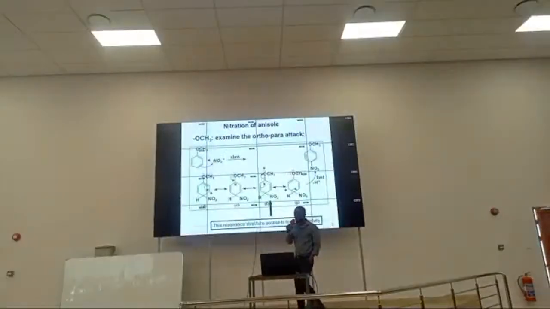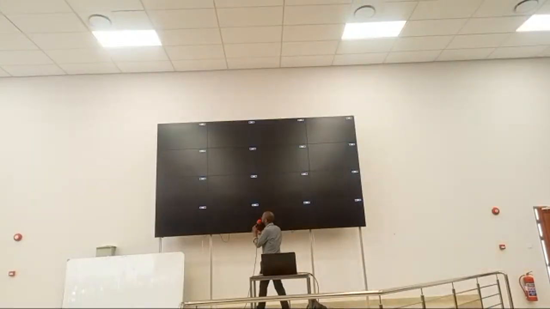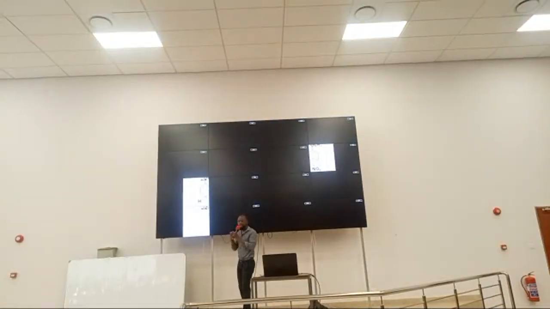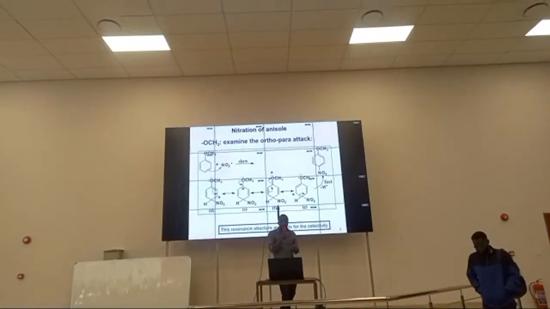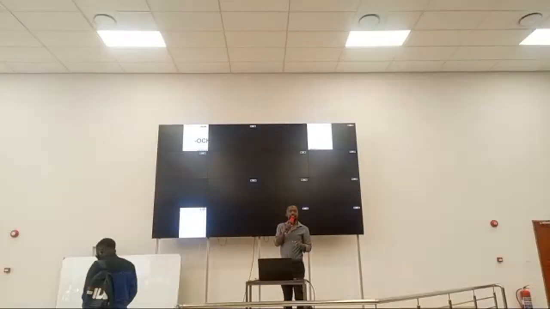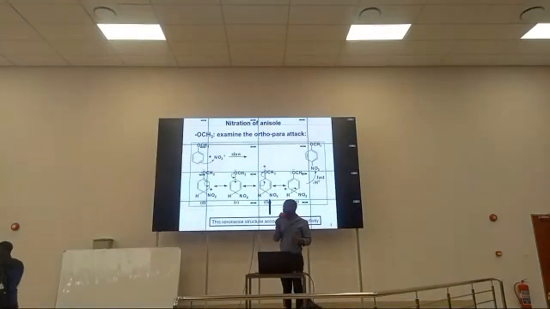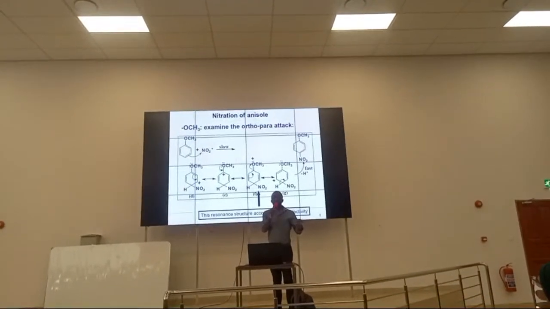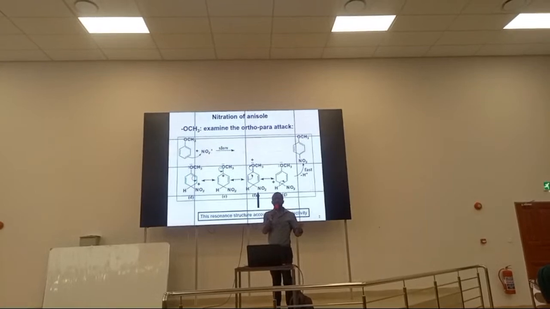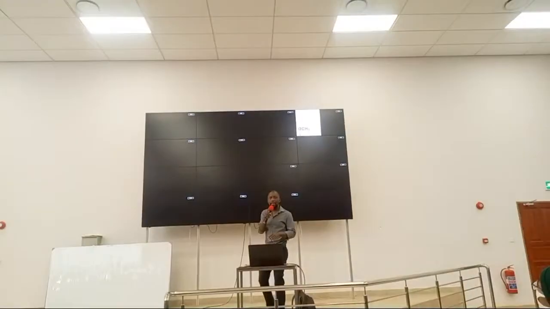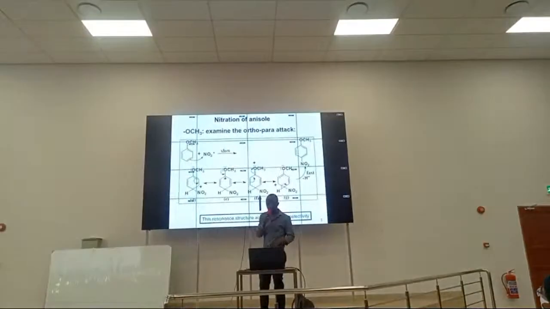Okay, so attack at ortho or para will lead to the formation of this carbocation here. Now you can see that you have 4 resonance structures here. The more resonance structures you can draw, the more stable the carbocation, because the positive charge is distributed over many, many atoms compared to the others.